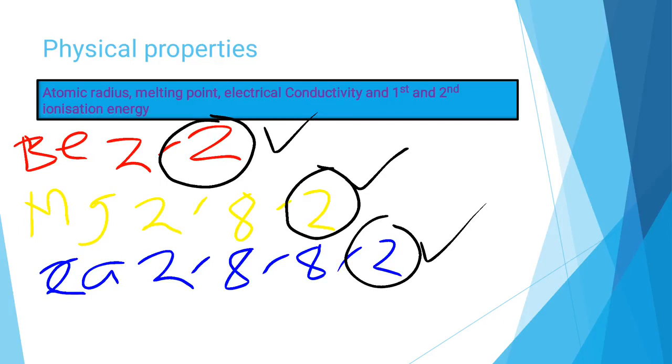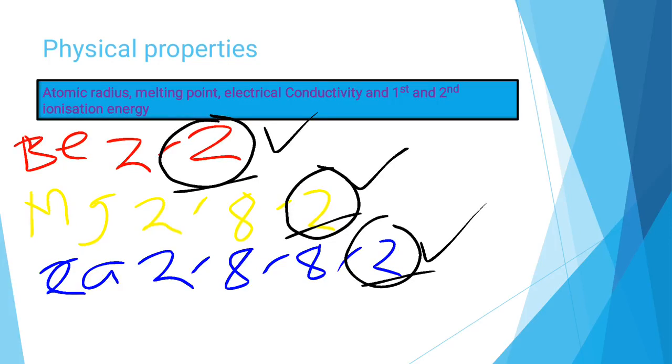As a result, all these 3 elements are good conductors of electricity, and their electrical conductivity is the same due to the fact that they have the same number of electrons that are available for electrical conductivity.